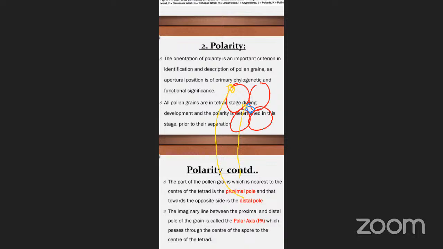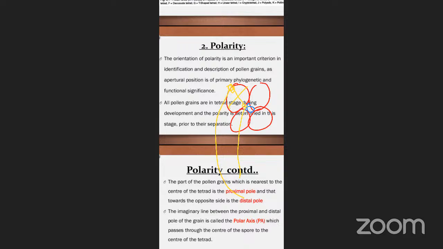So the imaginary line between the proximal and distal pole is called the polar axis. Let me draw this imaginary line, the polar axis, between the proximal and distal pole. And perpendicular to the polar axis, the other line is called the equatorial axis.